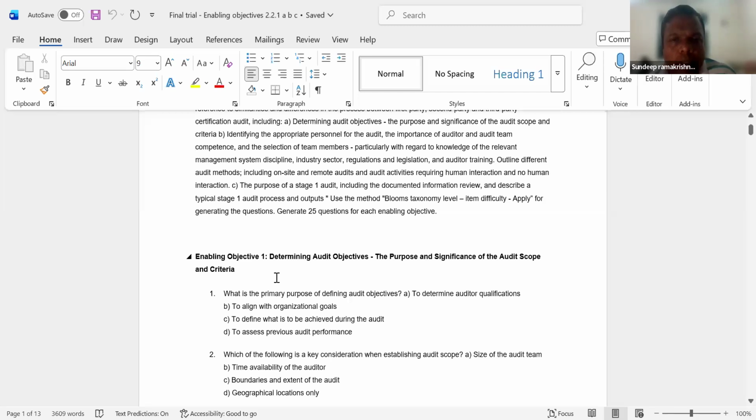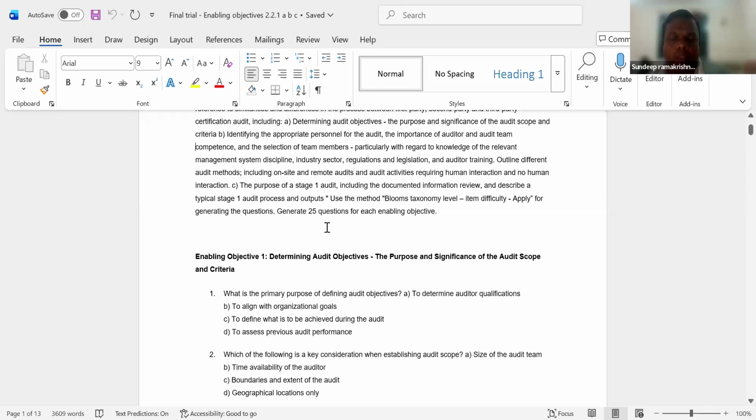Is my share visible? Yes, sir. This one is different, sir. The earlier one was based on the audit scope. This is determining audit objectives. Okay, right. Good.